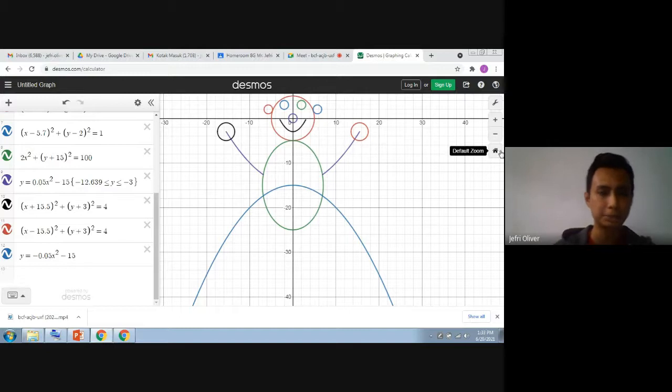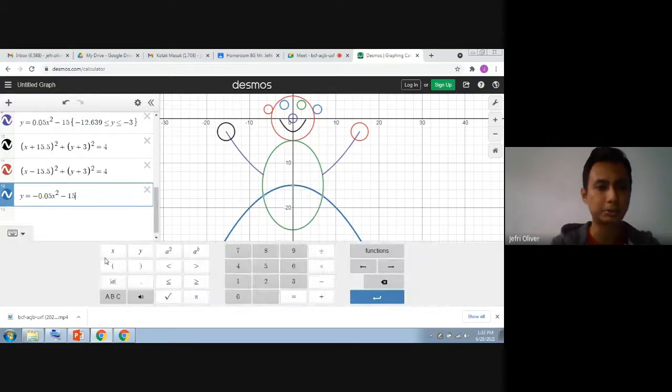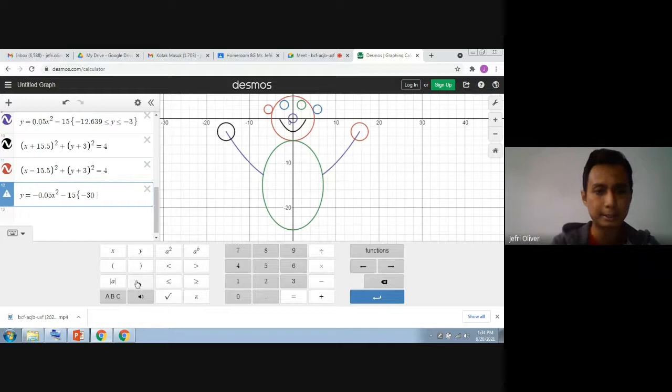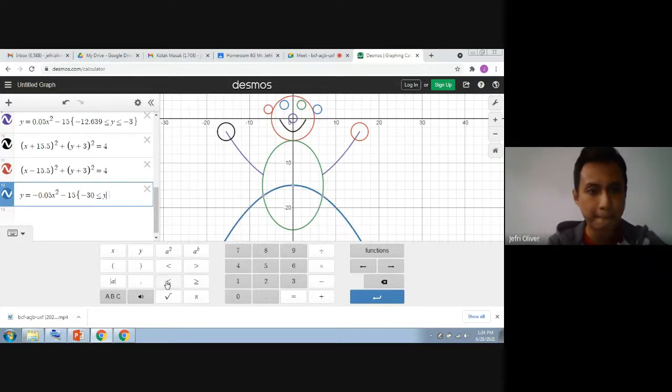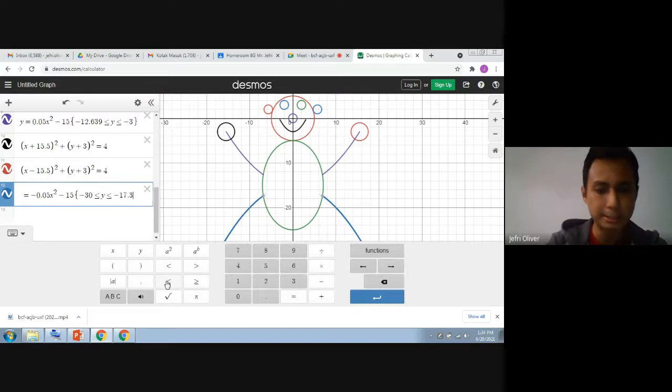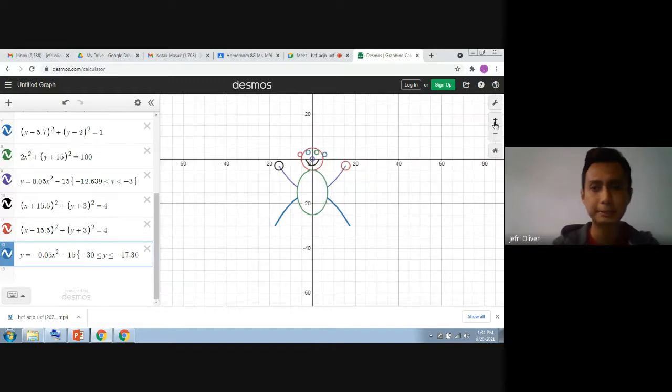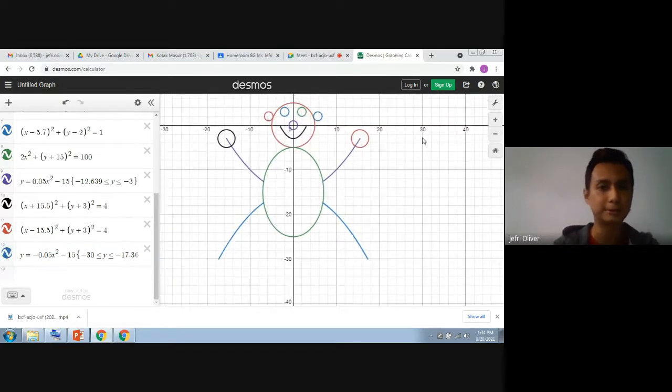It will be based on your own preference. So I want to restrict the range, the value of y, from negative 30 until negative 17.361. Okay. You can also look at the intersection point among the graphs.